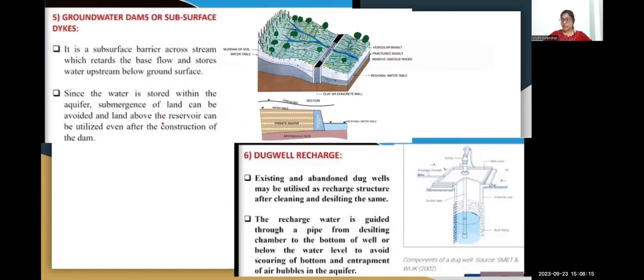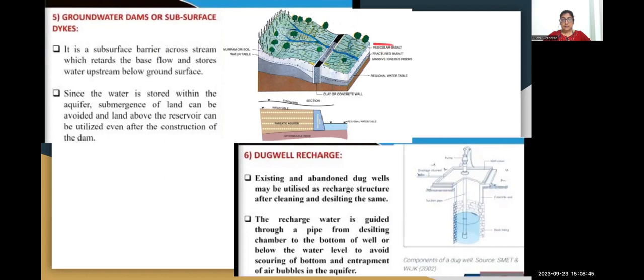Another two methods discussed are the subsurface dike or groundwater dam. Just as dams are constructed across rivers for impounding water, these barrier-like structures impound the groundwater itself, which is also a method of naturally recharging the groundwater.